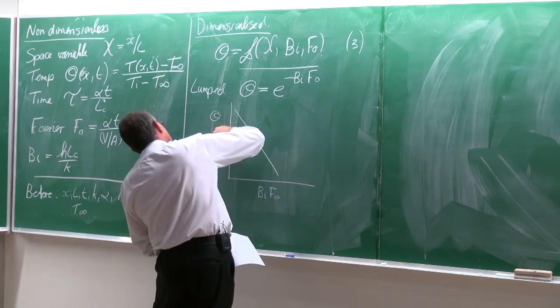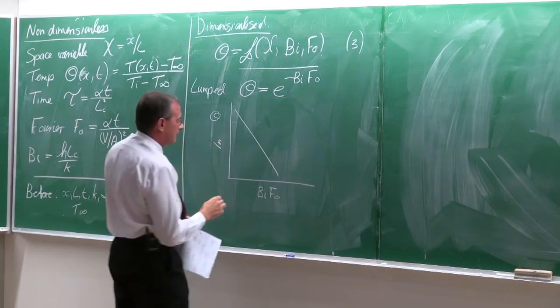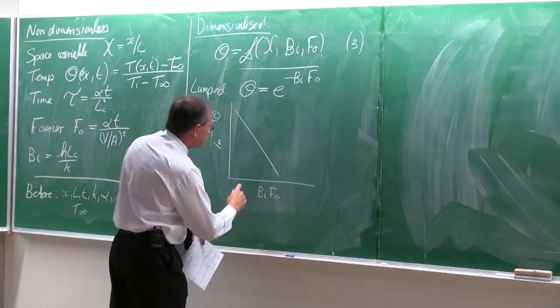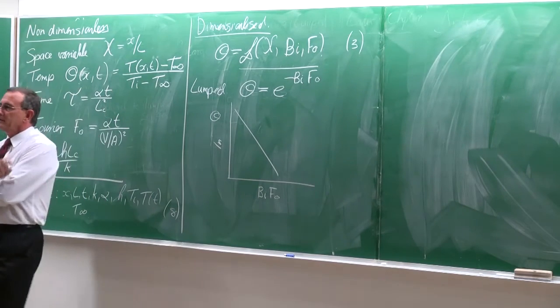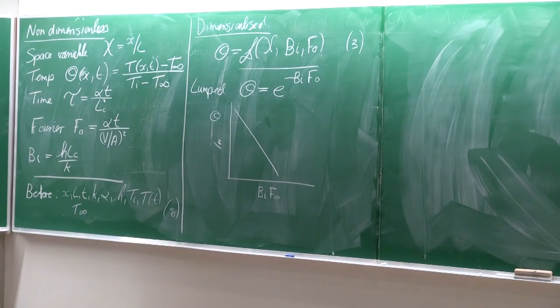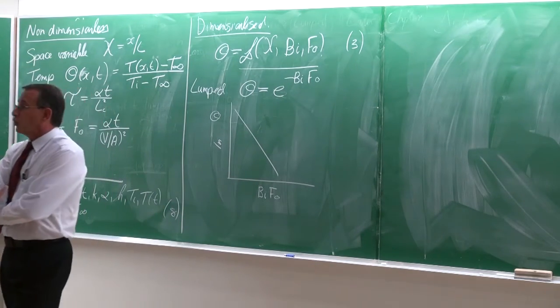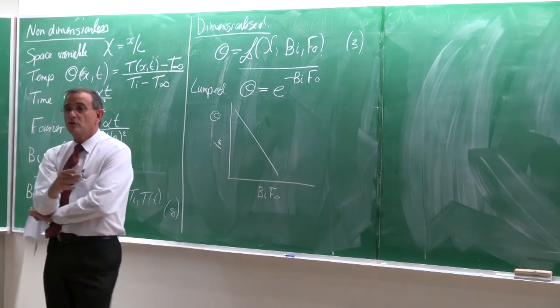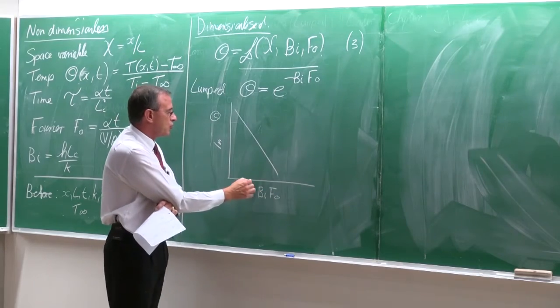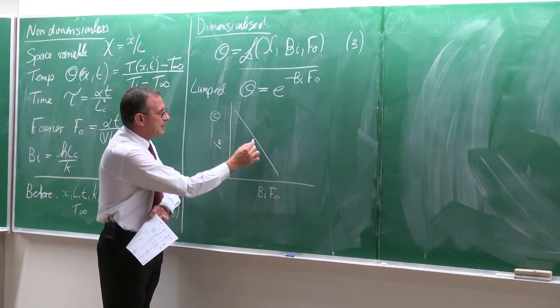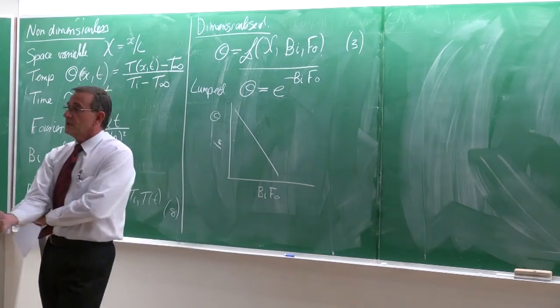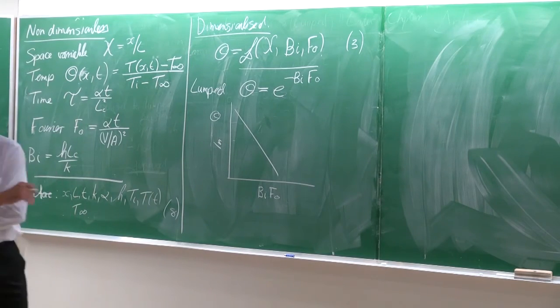If you plot theta on a log scale and this on a linear scale, you get a perfect straight line. This was very important in the time before people had computers, because they didn't have to go through all the calculations. They could just go through a graph after they've calculated that, and get the non-dimensionalized temperature very easily.